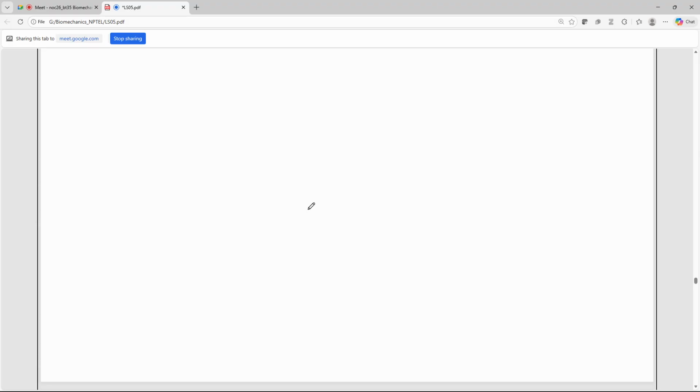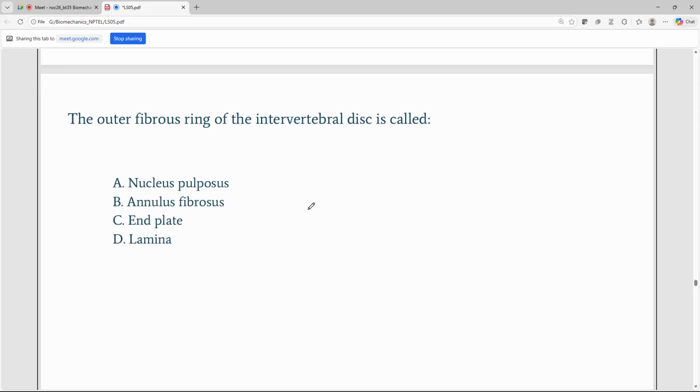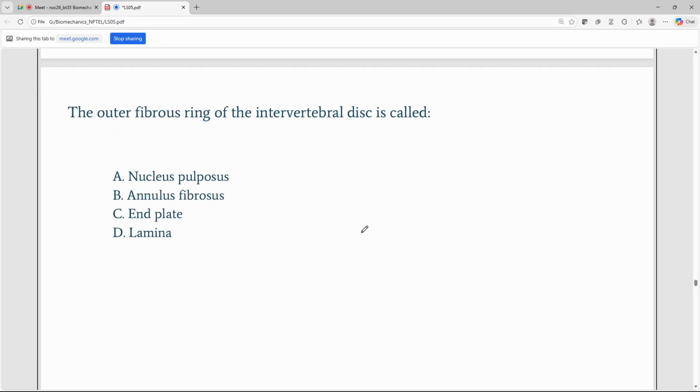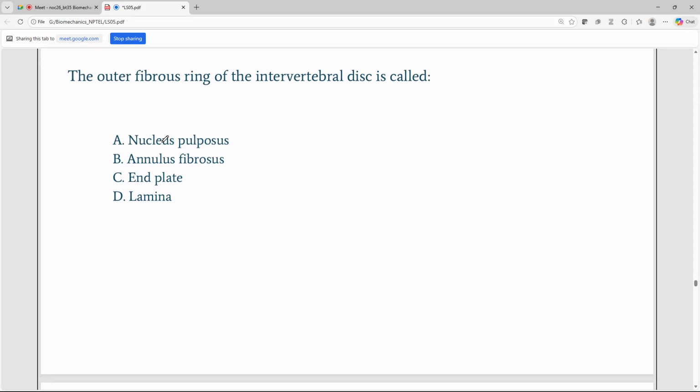Next question. The outer fibrous ring of the intervertebral disc is called as what? Options are nucleus pulposus, annulus fibrosus, end plate lamina.